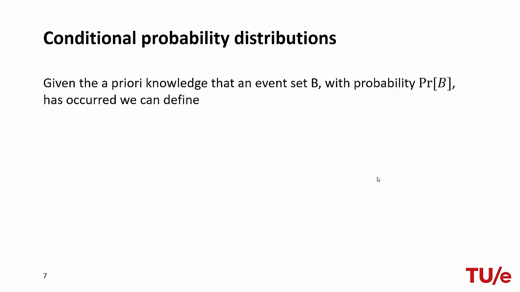When we deal with multiple outcomes, an important concept is the conditional probability. Basically, with conditional probabilities, we can model how our belief changes when we have a priori knowledge on the outcome of an event, which has an influence on another event.